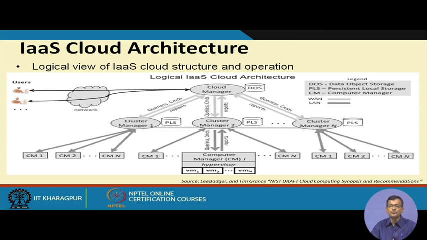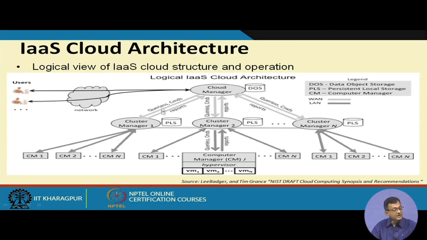Typically, if you look at a typical architecture, there are several components. At the top is the cloud manager, there are different cluster managers at the second level, and below that are the computer managers or CMs. The CM has these hypervisors and different virtual machines emulated over them.